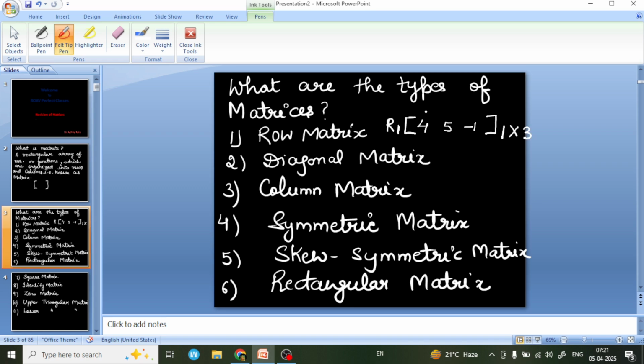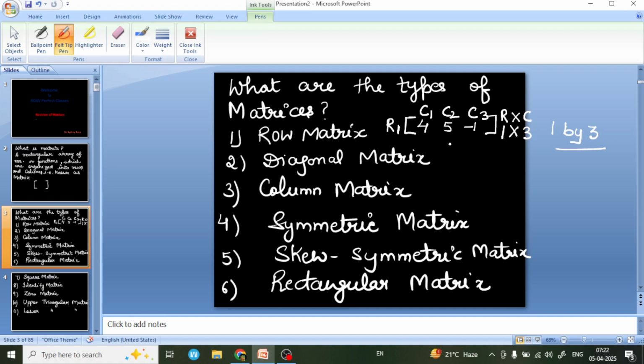Row is 1, columns are 3. Here we write the order as row multiplied by column, 1 by 3. We can say this row matrix is a 1 by 3 matrix.